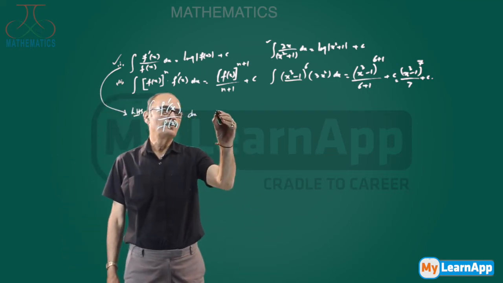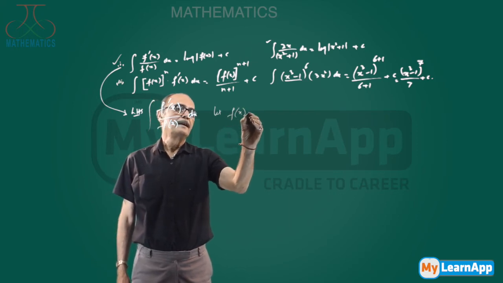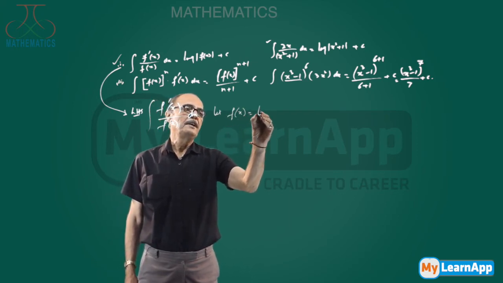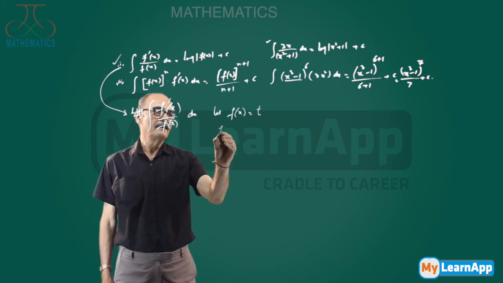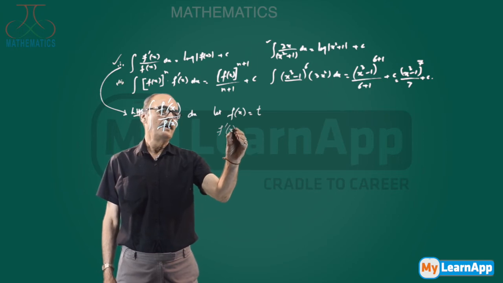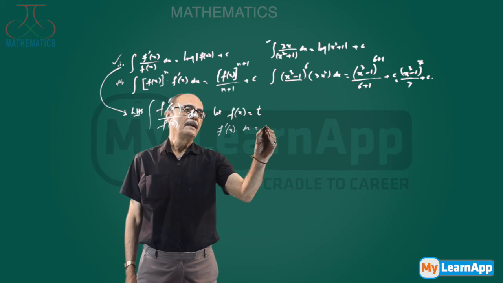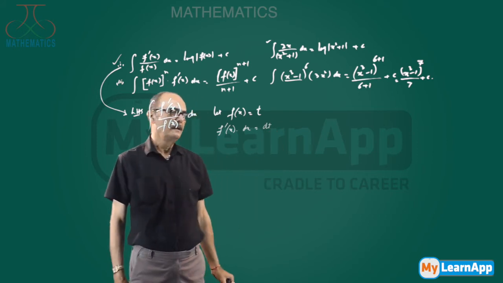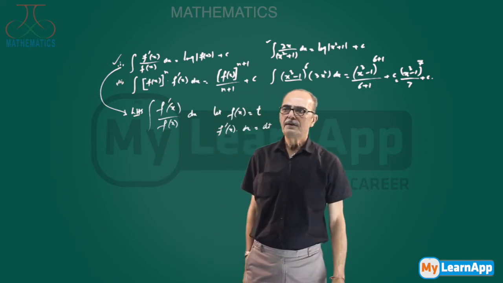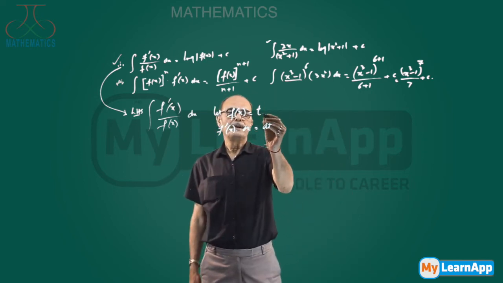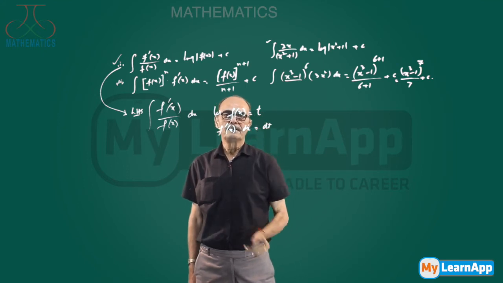We make the substitution, let f of x stand for, say, t. So f dash x dx is d of t. Otherwise, in the normal process of differentiation, you write f x equal to t and the derivative f dash x equal to dt upon dx.